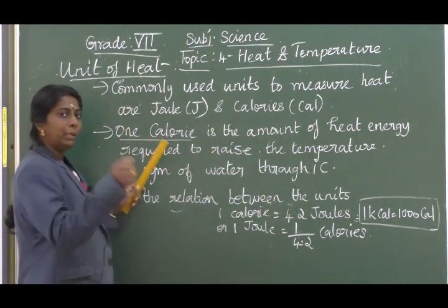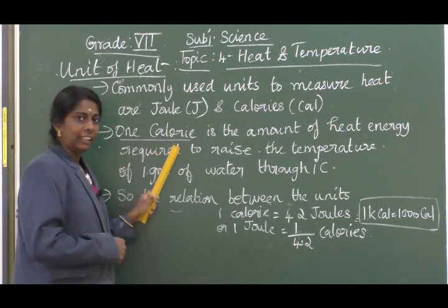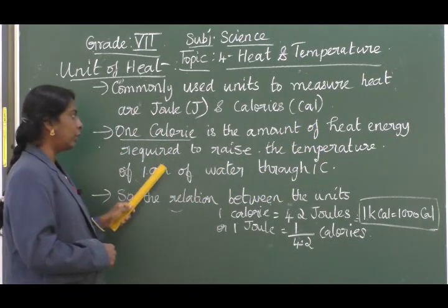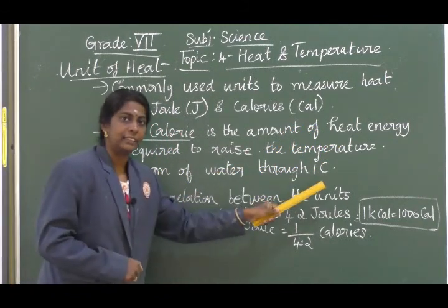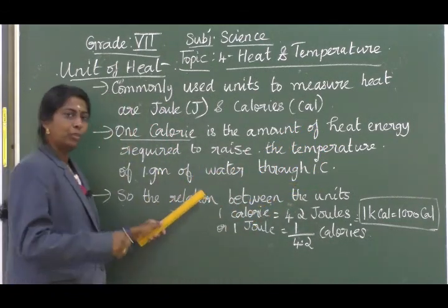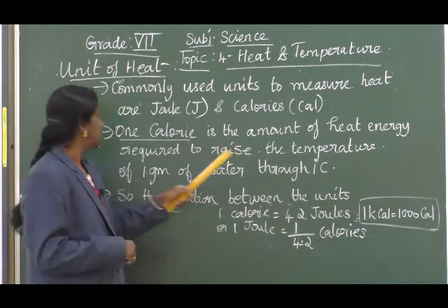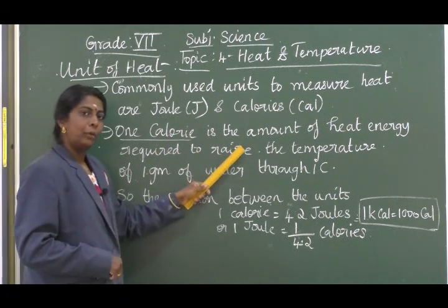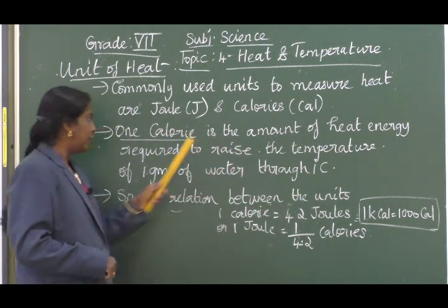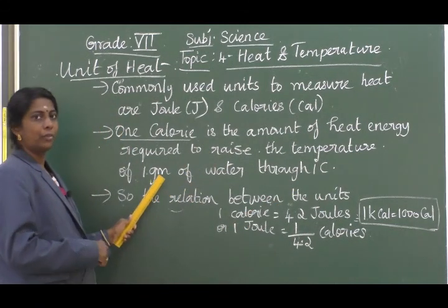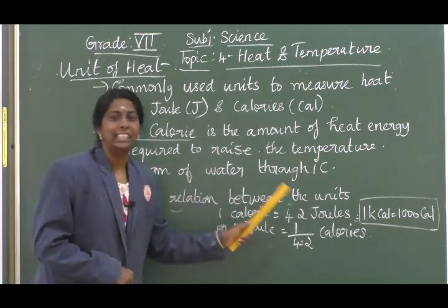So what do you mean by 1 calorie? 1 calorie is the amount of heat energy required to raise the temperature of 1 gram of water through 1 degree Celsius.